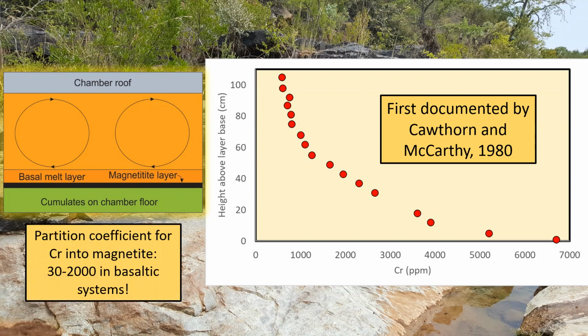It can vary from 30 to several hundred. Even a recent publication by Shepard et al. finds this extremely high value of 2000 in basaltic systems. And they also proposed that to produce this regularity, the magnetite was probably either crystallizing in situ, or we were dealing with really short settling distances.